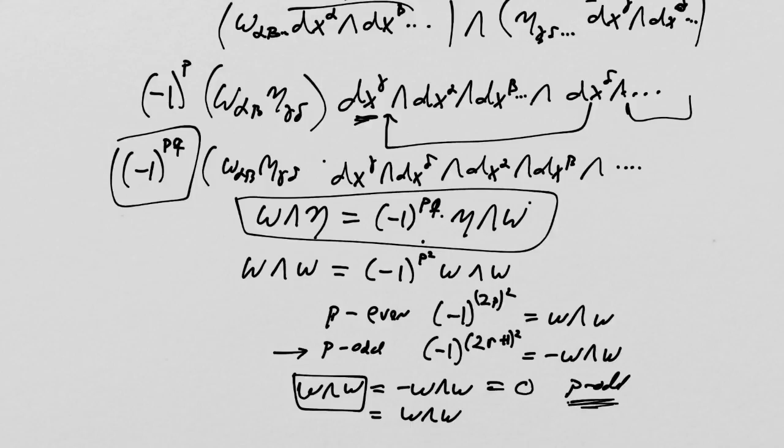Okay? When p is even, a wedge product of a p-form with itself is not necessarily 0. And we can see that through the logic of this rule here. Now there are two important little results we have to know that I'm not going to prove, but you can find the proofs out there.